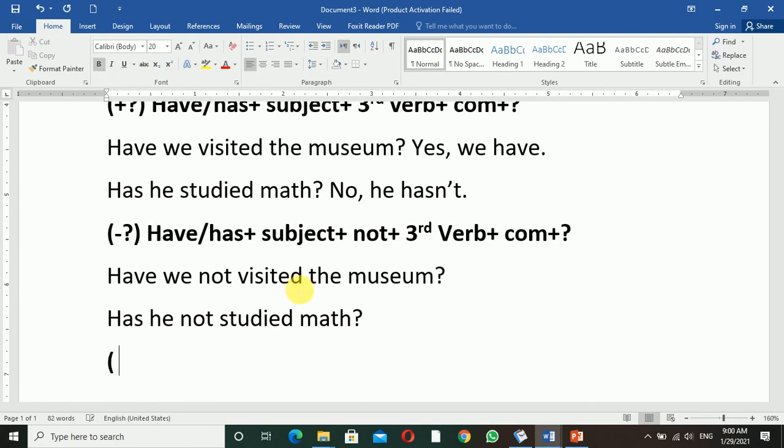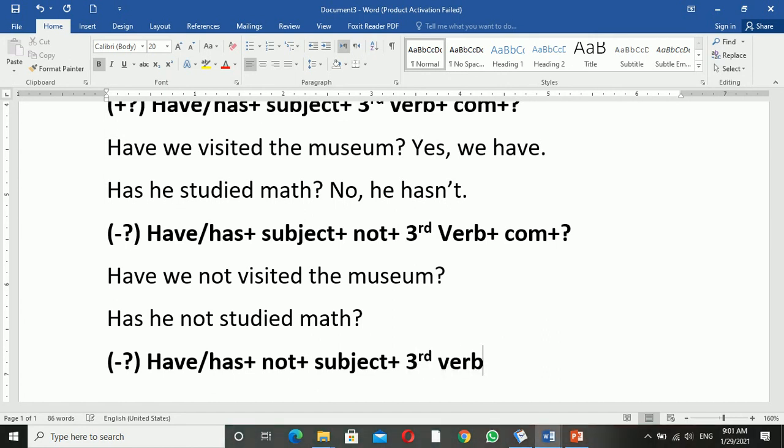We say have or has plus not plus subject plus third verb plus complement plus question mark.